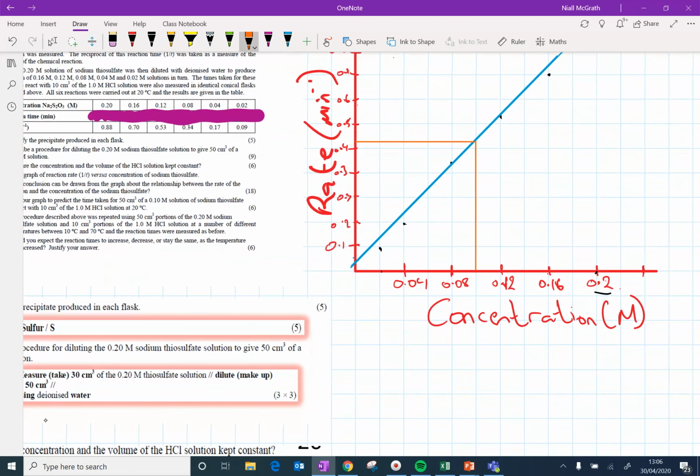So at 0.1 molar, our 1 over T is equal to 0.43.